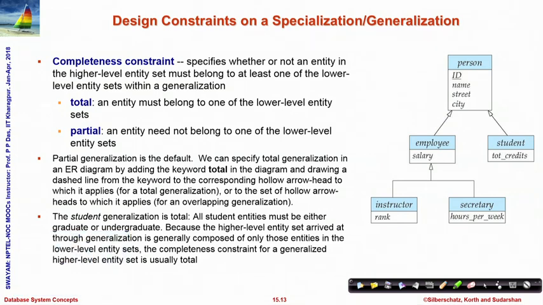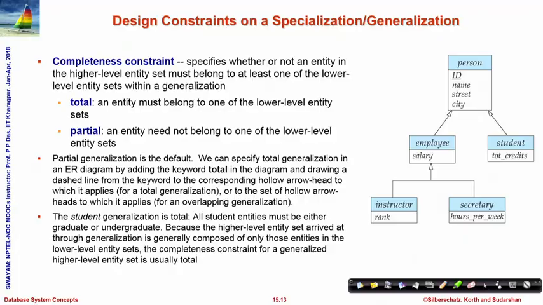You can say that the example I talked of, uniting undergraduate and graduate or postgraduate students into the entity set of students, gives you a hierarchy which is total, because every entity in the entity set student must be either a UG student or a PG student.